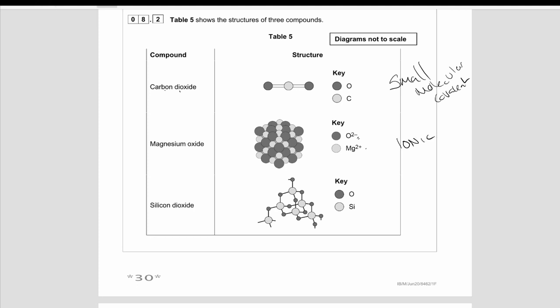And we know that silicon dioxide, based on this structure here and the fact that it's non-metals, is giant covalent. Other clues we've got is we have these lines going off which are clearly showing that this joins to a bigger structure as well. So we have small molecular covalent, ionic and giant covalent structures to talk about here. What can we compare easily to start with? If we look at carbon dioxide, magnesium oxide, and silicon dioxide, we can see that magnesium oxide here has ions, and these two have got atoms.